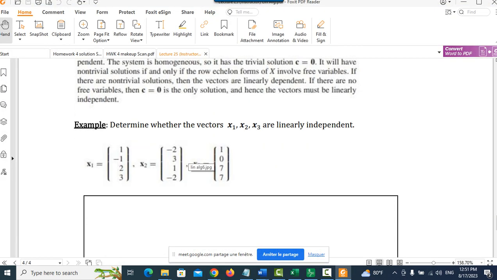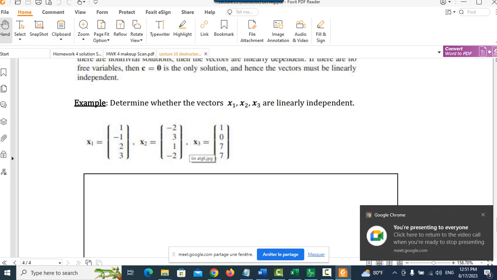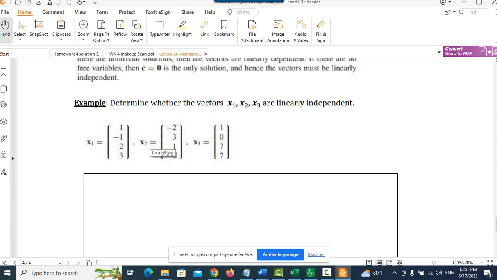Now here, determine whether the vectors x1, x2 and x3 are linearly independent. So we have these three vectors, and we want to know whether they are linearly independent. As you can see here, if we insert them into a matrix, we'll have a 4 by 3. So in that case, I cannot use the determinant of the matrix.